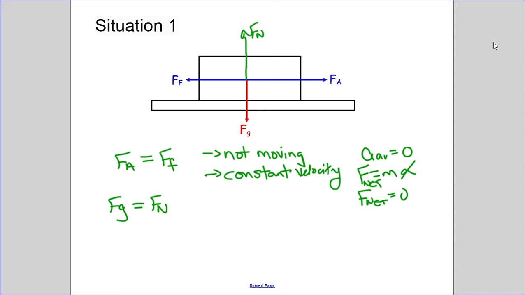If I knew an applied force that could just start to get the object to move, I could assume that it would be equal to the frictional force. Same thing with the force of gravity: gravity pulls downward and the normal force opposes that and goes up, but when we're looking for the coefficient of friction, we're really just looking at the magnitude, so we won't see directions, just magnitude values.